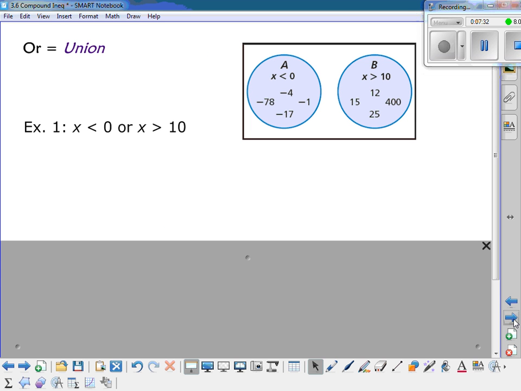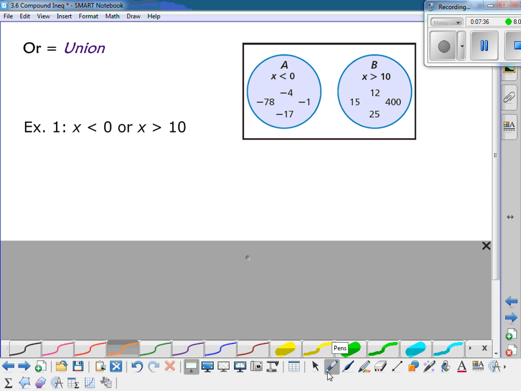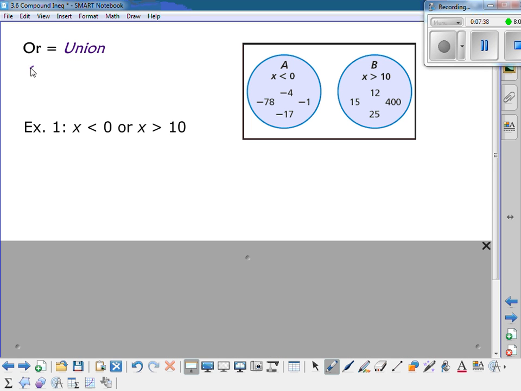All right, now if they have the word or, it's just the two graphs combined, and only one has to be true.